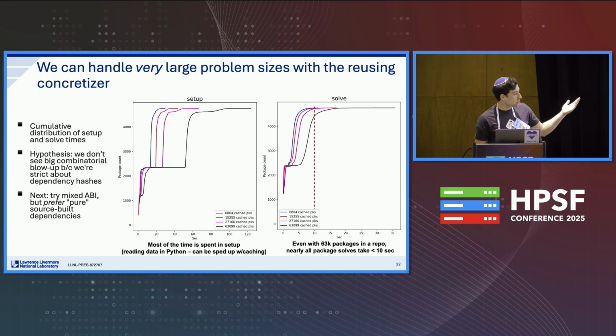It definitely slows down, but even with 63,000 packages in the example on the right, individual solves are taking seconds. If you solve a large environment, it can be a little longer, but we're reasonably happy with that.